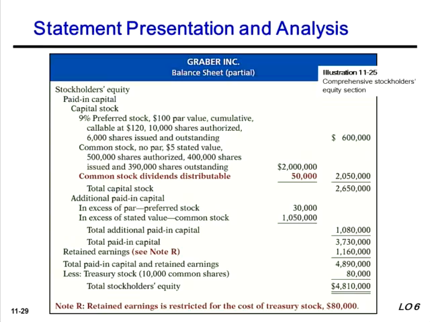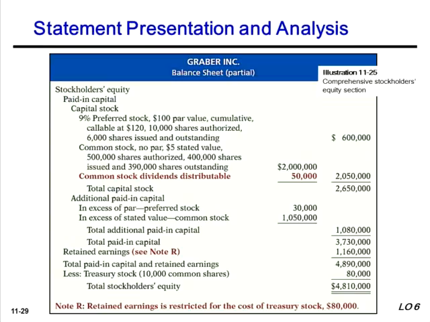So far, in this part of the statement, we have the par value for the preferred stock, the stated value for the common stock. The common stock dividends distributable would also be reflected at the $5 stated value.